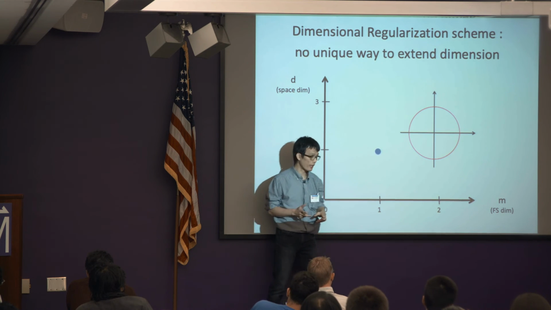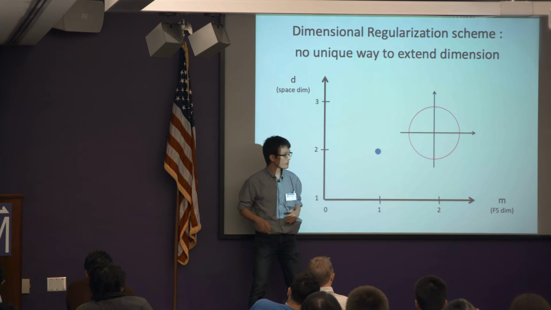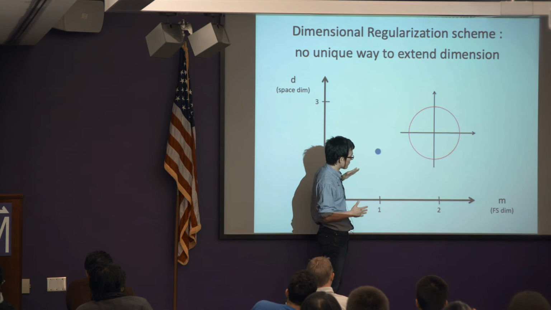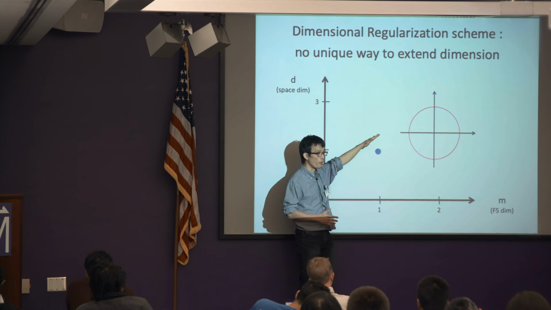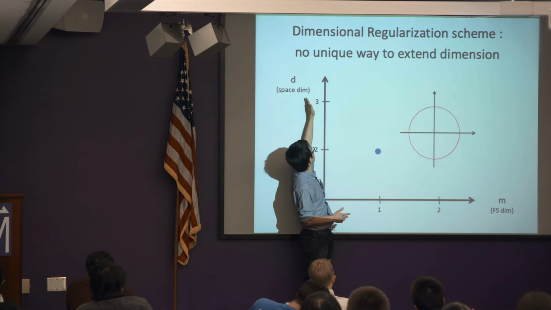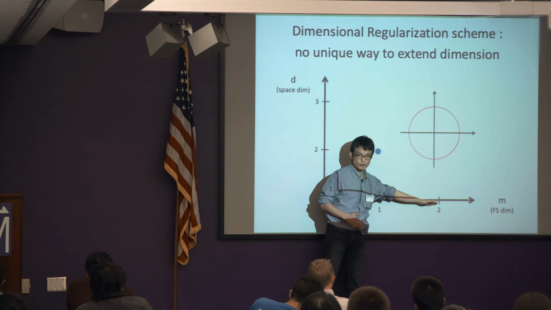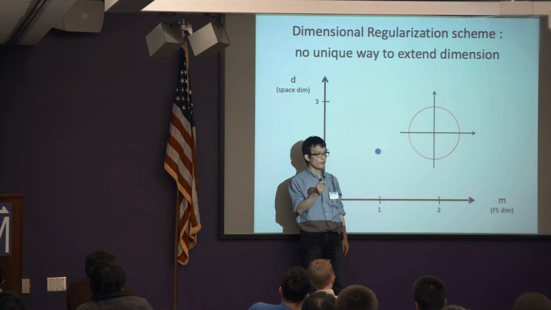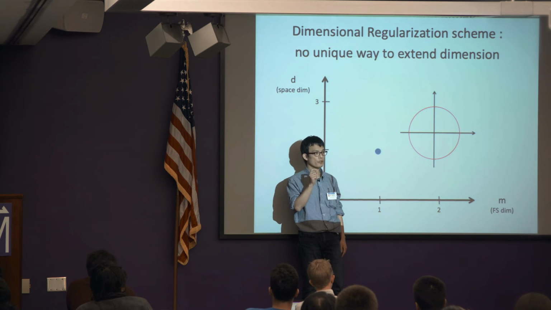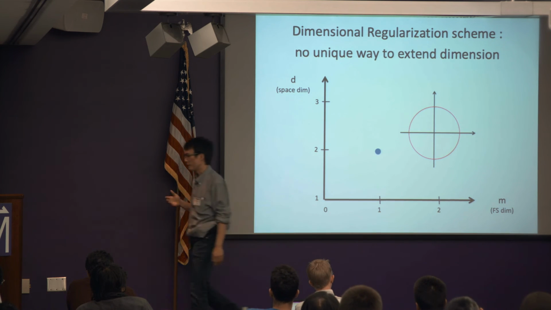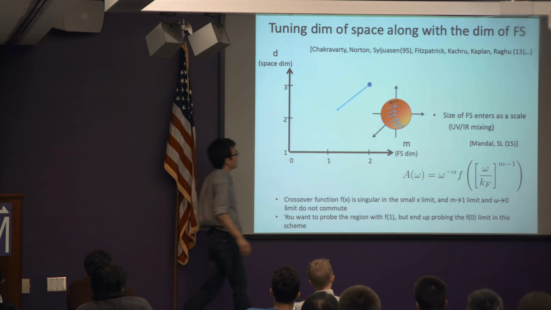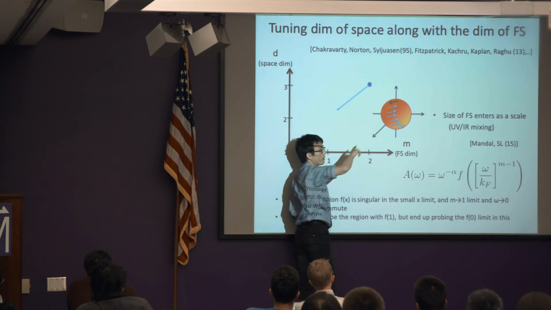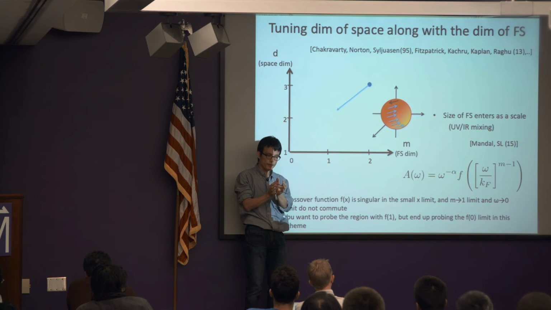Okay? This is the non-uniqueness. And the most straightforward dimensional regularization is going in this diagonal direction, where you change the space dimension and the dimension of the Fermi surface, keeping the codimension of the Fermi surface to be 1. Right? Codimension is D minus M. So if you go in the diagonal direction, for example, then at this point you have a two-dimensional Fermi surface in 3 dimensions.